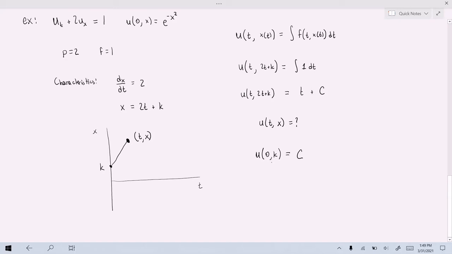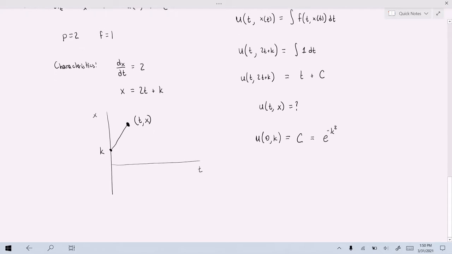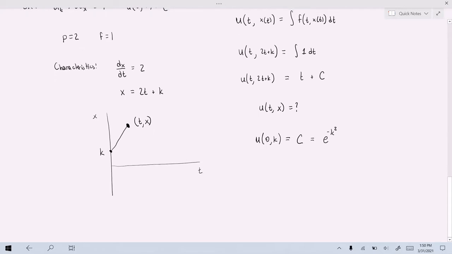On the other hand, when t is 0, we can apply our initial condition. So u of (0, k) should also be equal to e to the negative k squared. So from that, we now know the value of the constant c.